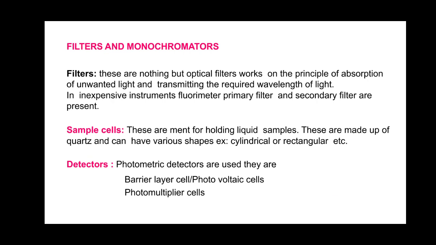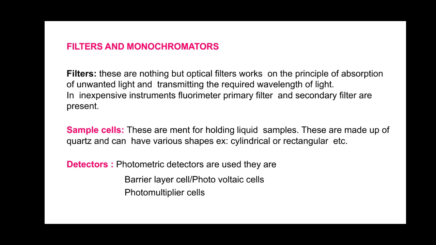Next are the filters and monochromators. Filters are optical filters that work on the principle of absorption of unwanted light and transmitting the required wavelength of light. In inexpensive fluorimeters, a primary filter and a secondary filter are present. The sample cells are meant for holding liquid samples.